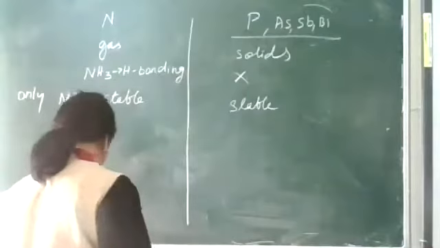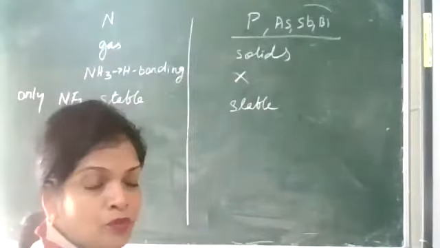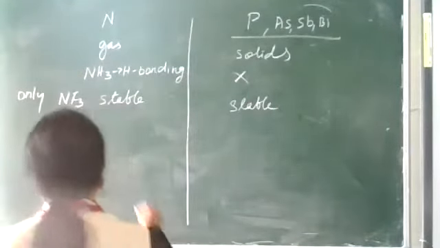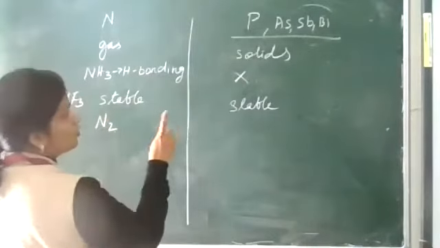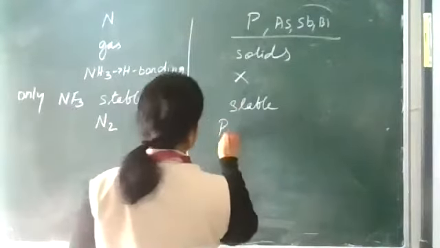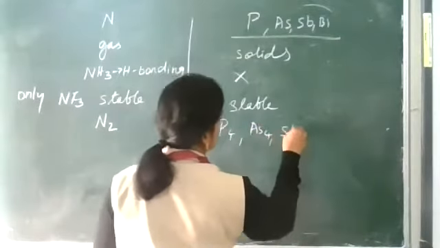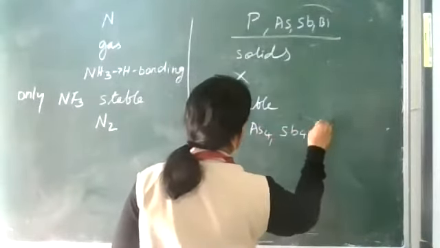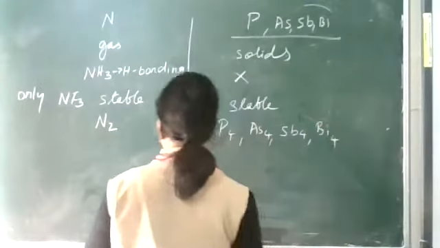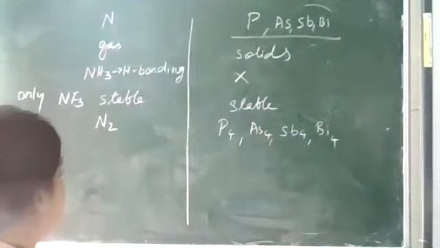Molecular nitrogen is in the form of N2, while in others it is P4, As4, due to catenation. The molecular nitrogen is N2.